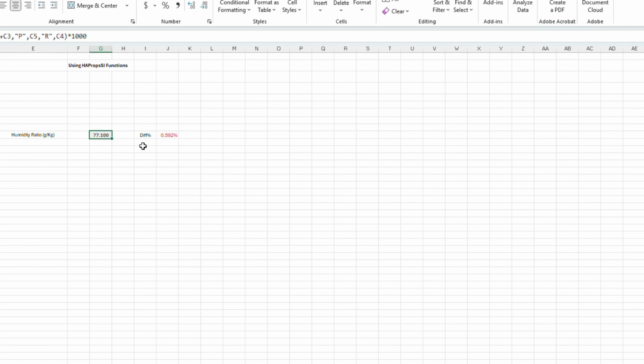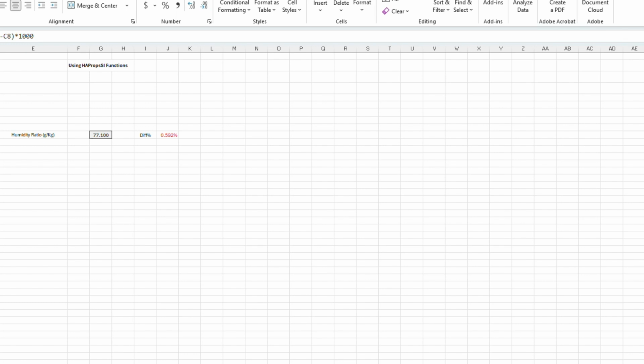You can do all that in one step using the HAPropsSI function, where you specify the output as W, which is the humidity ratio. Okay. And your input parameters are these three parameters: dry bulb temperature, relative humidity, and atmospheric pressure. In one formula, you get the value. Okay. And you can see that I am multiplying by 1,000 here because the output is actually in kilograms per kilogram.